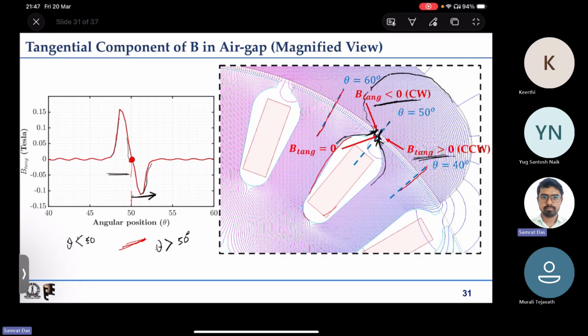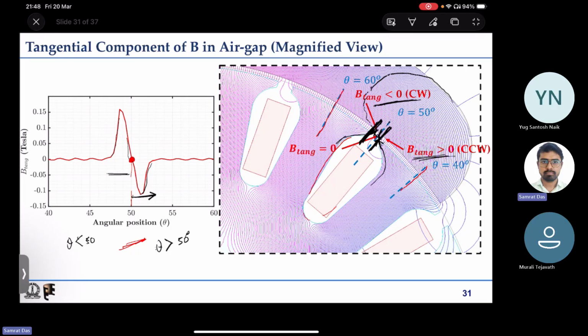So if you compare these two edges of these two rotor teeth, then you will see that whichever is on the far right compared to the other, that is having higher magnitude, and whichever is closer to the vertical line, that is having lower magnitude.